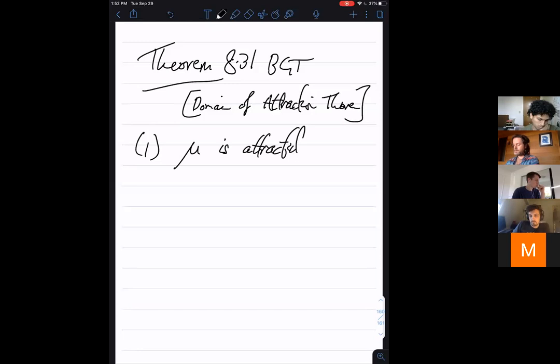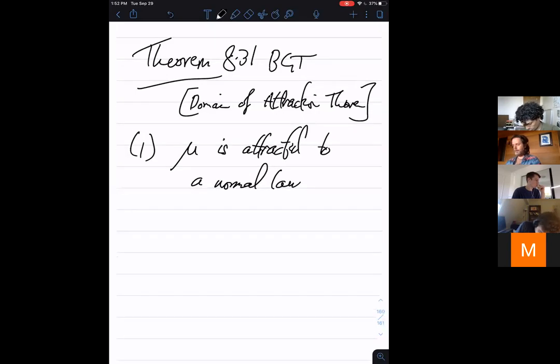So mu is attracted to a normal law if and only if there's a quantity here, I'll just record, the integral of t squared d mu t.